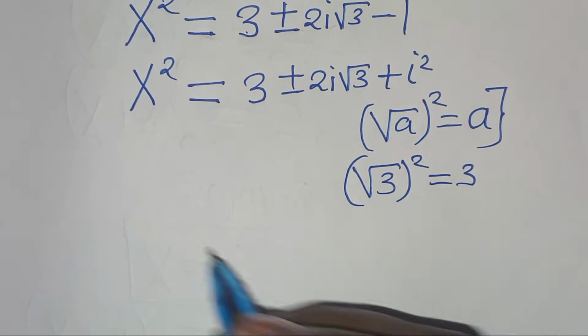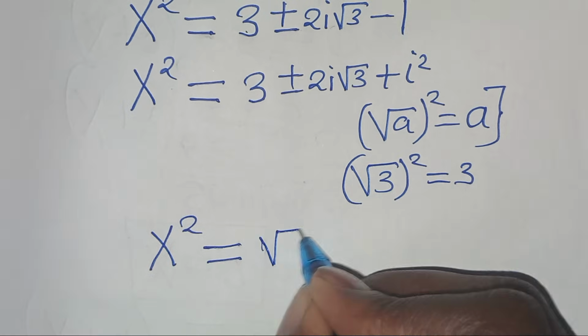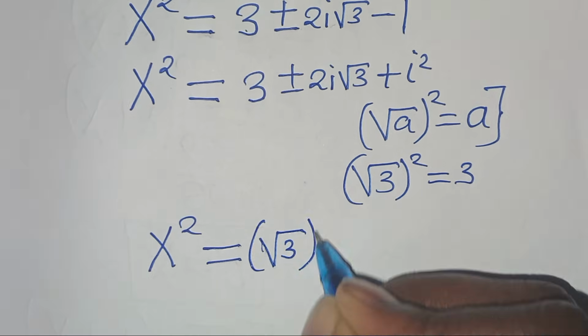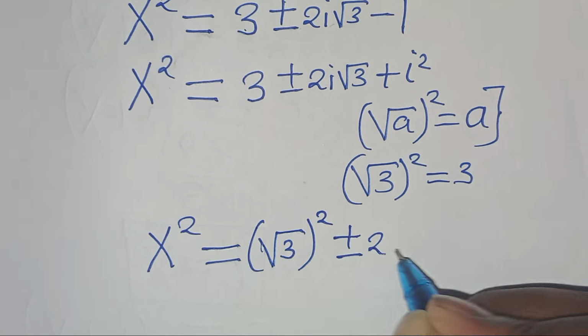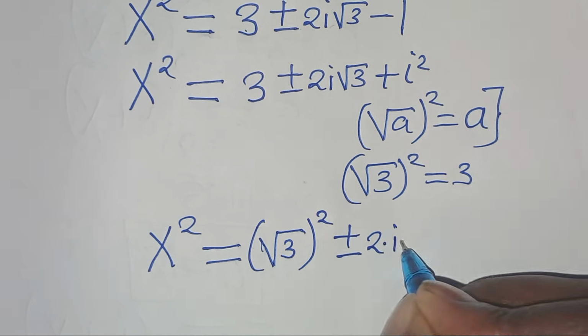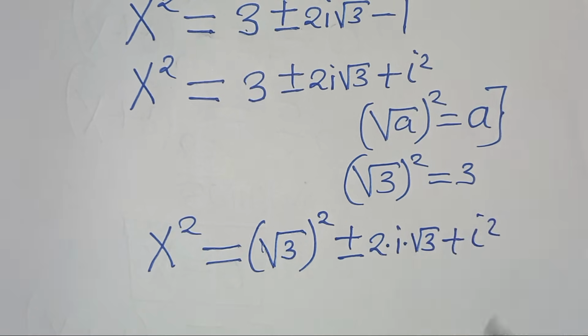Now substituting this, we have x to the power of 2 equal to the square root of 3 raised to the power of 2, then plus or minus 2 times i times square root of 3, then plus i squared.